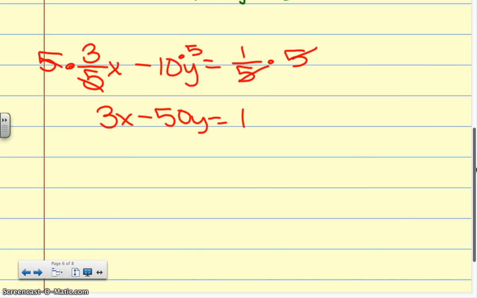Okay, I want you to do this one. Make it 2/7 x. I want you to write that in standard form with integer coefficients.